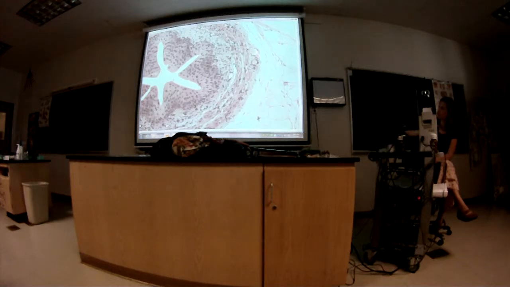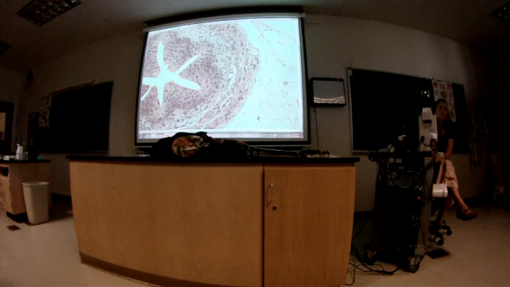That's the adventitia, yeah. The dense fibrous connective tissue, collagen fibers. And what's this layer called? Lamina propria. Good.